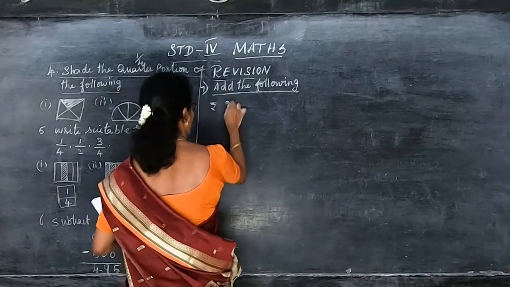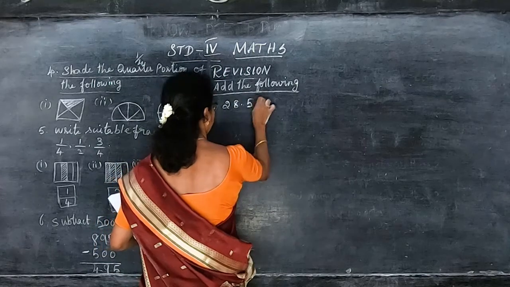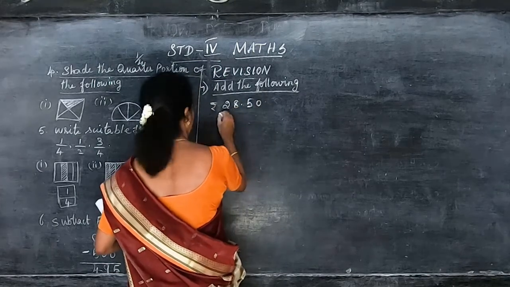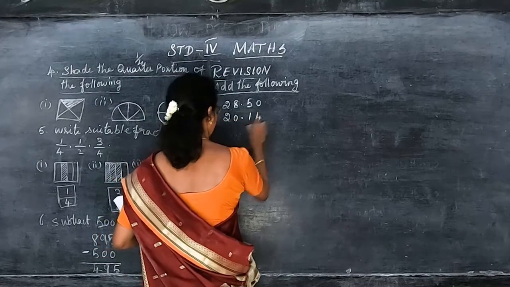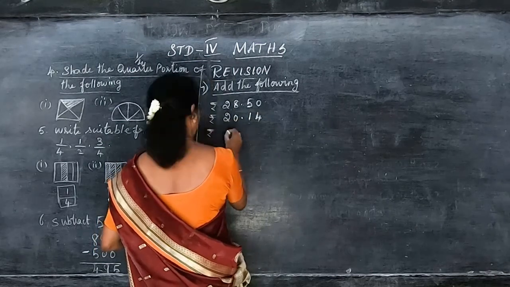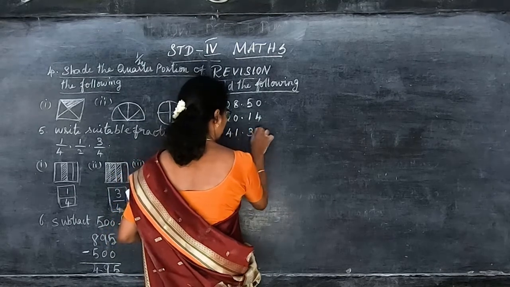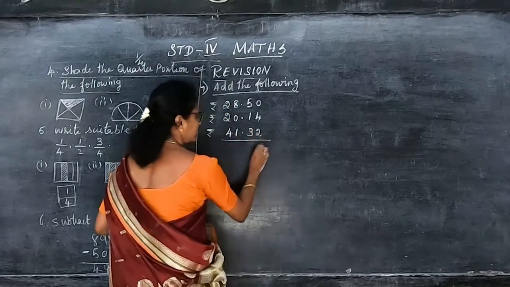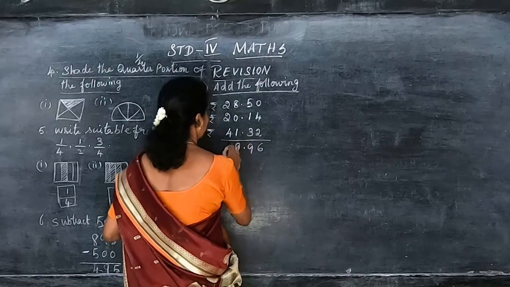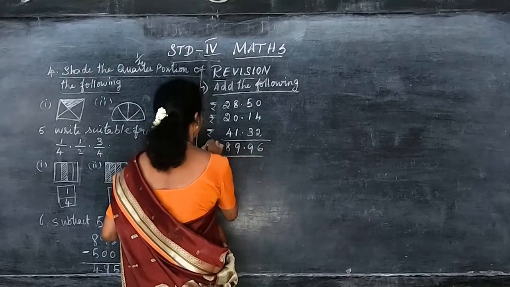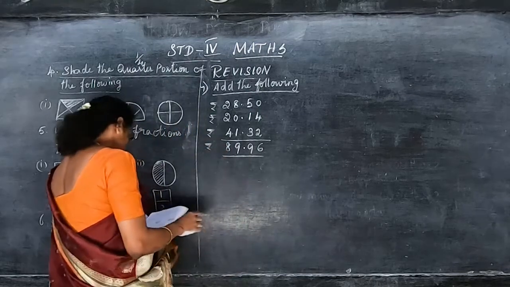Rupees 28 rupees 50 paise, rupees 20 rupees 14 paise and rupees 41 rupees 32 paise. 6 and 9 plus 1, 9 plus 2, 8. So that is equal to rupees 89 rupees 96 paise.